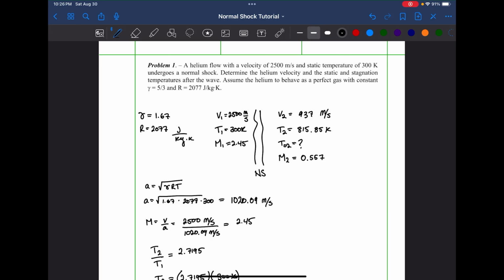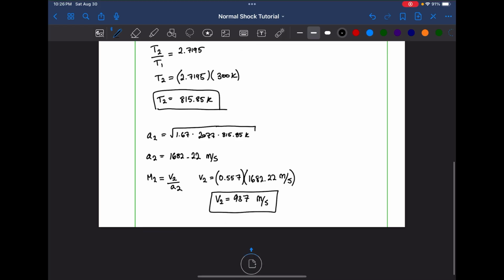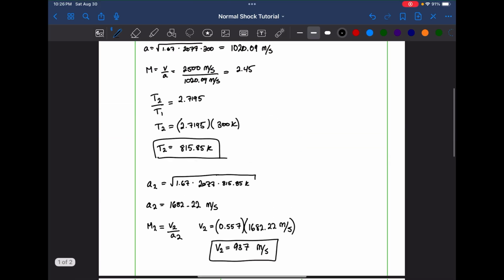So the last thing we want to get is that T naught 2. We've got a T2 and we've got a Mach number. So we can go ahead and go to our isentropic flow tables, not our normal shock tables. We'll calculate for 0.557.